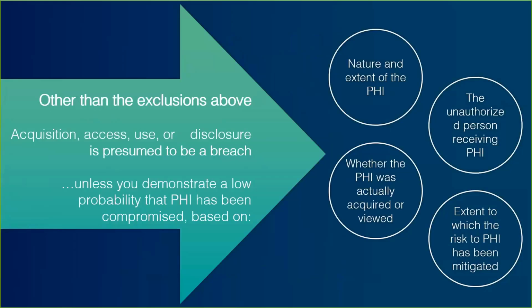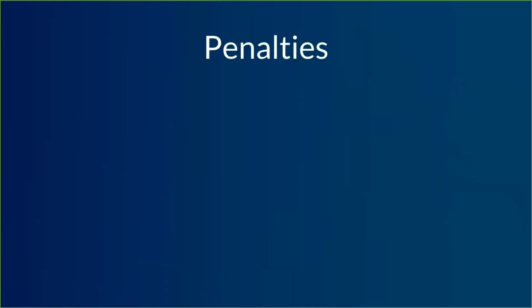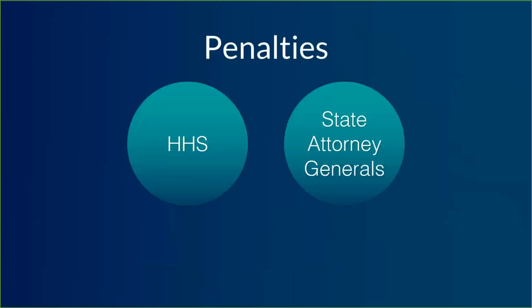Now let's say that the worst happens. There's a breach. What happens next? Penalties, yay. There are two different entities that will typically assign penalties for HIPAA privacy and security breaches. The first is HHS, Health and Human Services, and the other is the State Attorney Generals. Most people listening to this webinar will probably not be in a situation where their breaches will be multi-state.